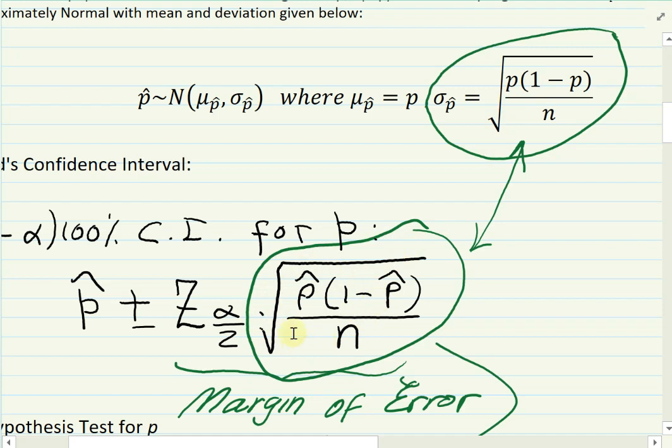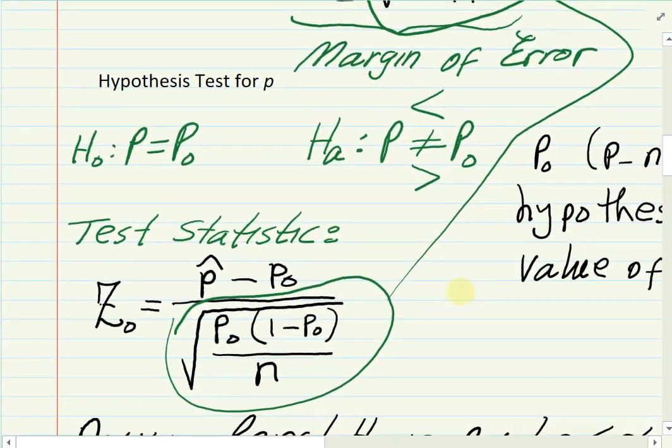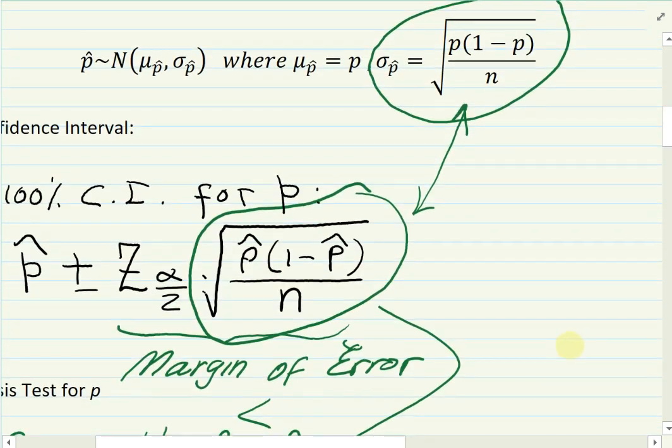The one we use for the confidence interval is derived from the sample p hat. The one for the hypothesis test is different because we always assume the null hypothesis is true. If the null is true, then the hypothesized value defines the center of the sampling distribution, so we use that in our formulation. That is why we have three different versions of this.